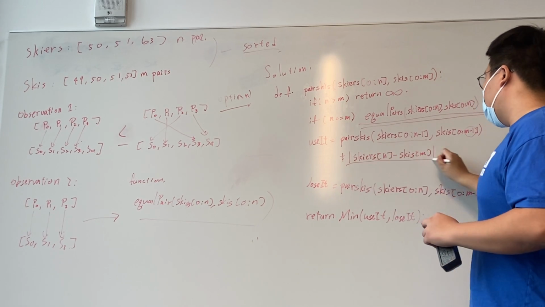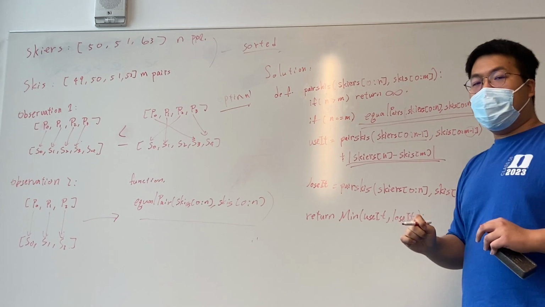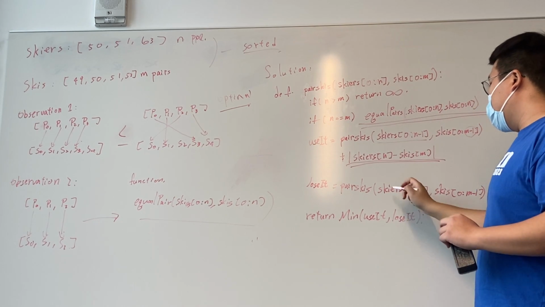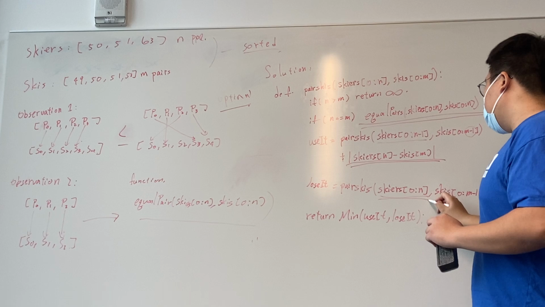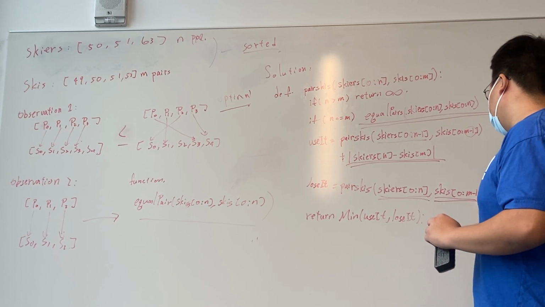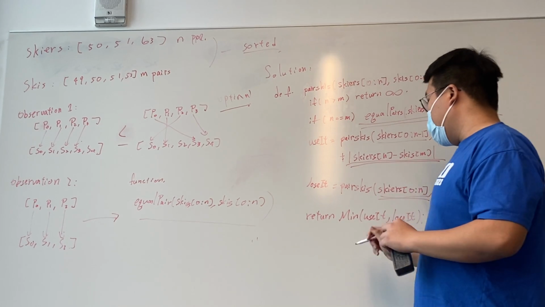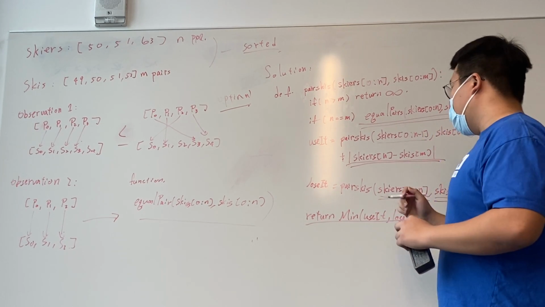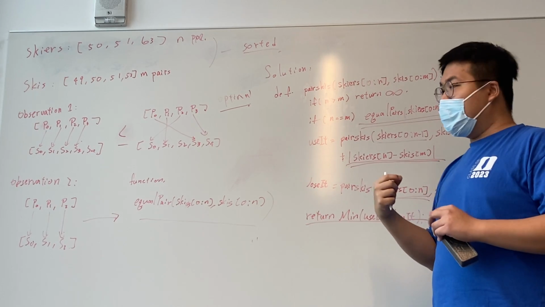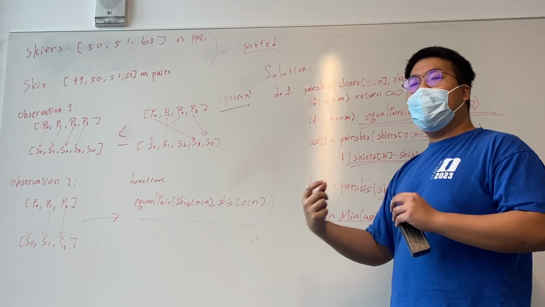We also have to add the disparity between the two, and this is the use it scenario. The lose it scenario is that the person still didn't pick the skis, and the skis we don't want, so we just lose it, so we use n minus 1. In the end, we want to find the minimum between use it and lose it and return it.